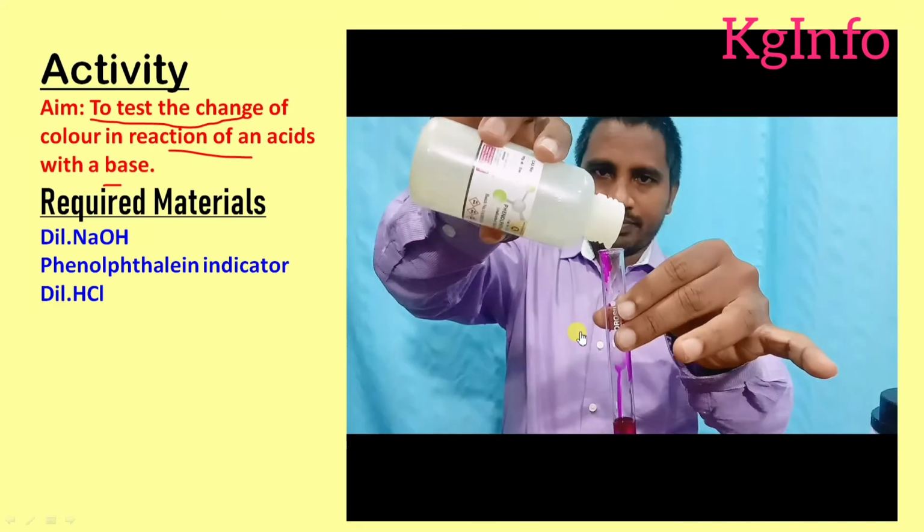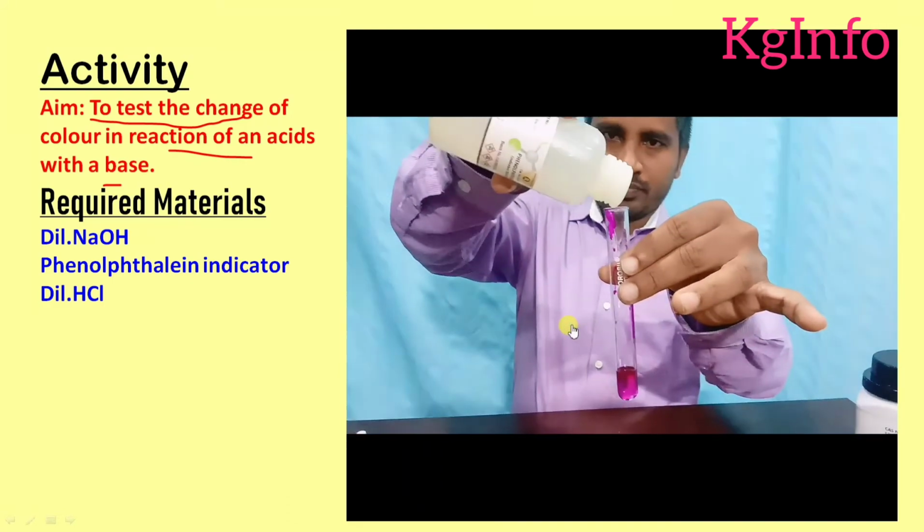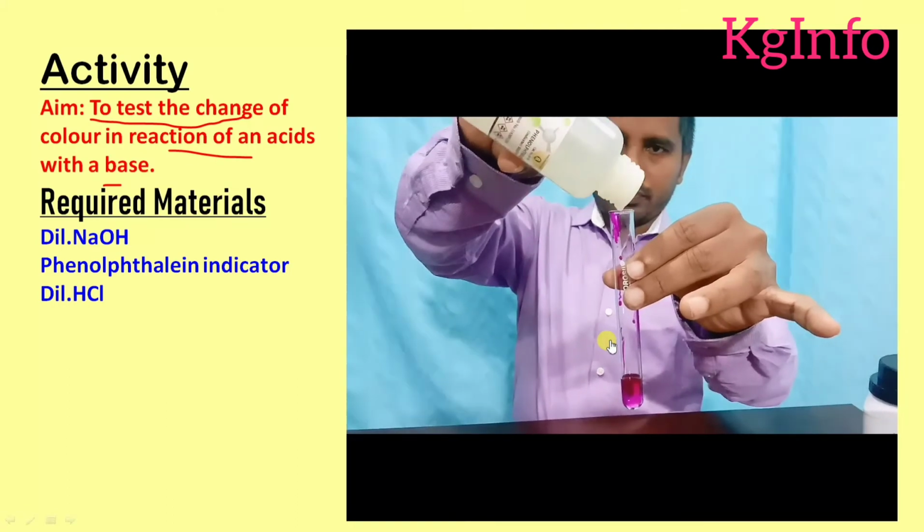Immediately the color of the sodium hydroxide solution turns pink when we add the phenolphthalein solution drop by drop to this sodium hydroxide solution. So, immediately the sodium hydroxide solution turns pink, children.